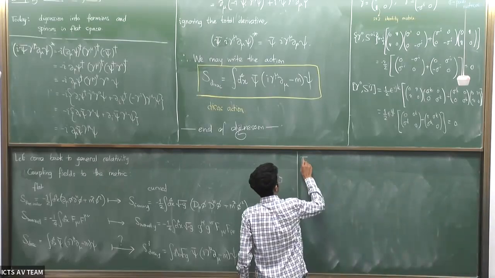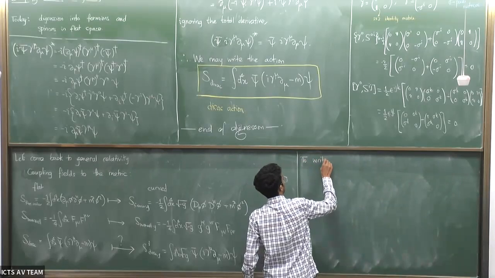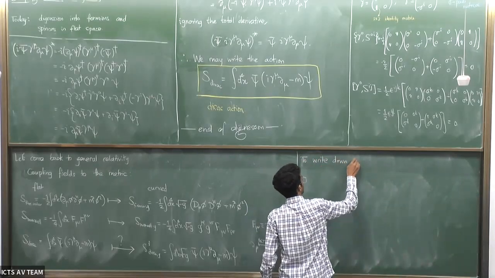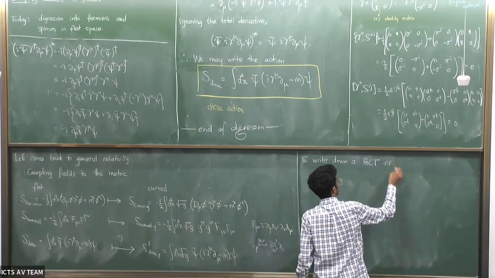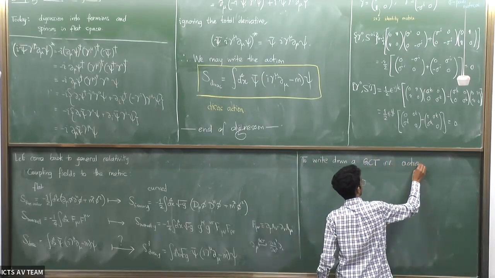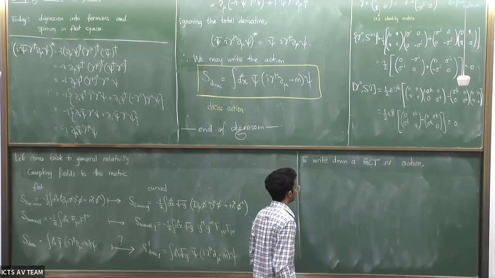To write down a general coordinate transformation invariant action, we need to do more work.